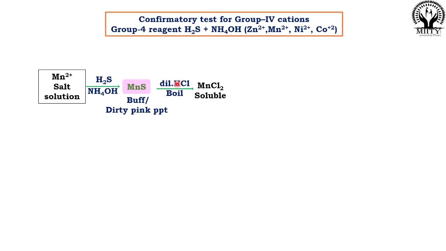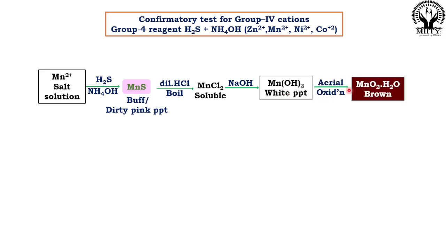MnS is soluble in dilute HCl and forms manganese chloride. To this soluble manganese chloride add sodium hydroxide so that it forms a white precipitate of Mn(OH)2. After some time, we can observe a brown precipitate of MnO2·H2O, hydrated manganese dioxide.